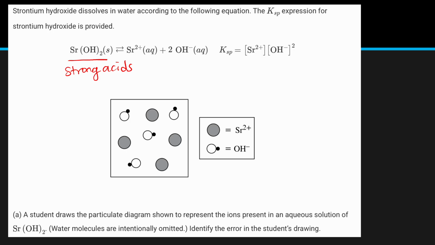Now, moving on from that, I see there are 1, 2, 3, 4 strontium ions and 1, 2, 3, 4 hydroxide ions, which is a 1-to-1 ratio. And I know for every 1 strontium, I need 2 hydroxides. So that is what's wrong with this particulate diagram, it's missing 4 hydroxide ions.